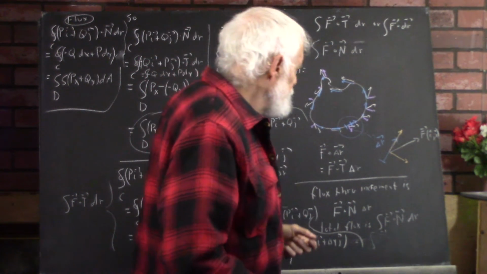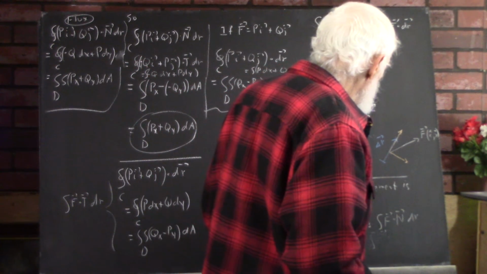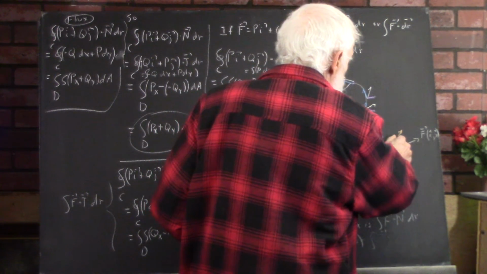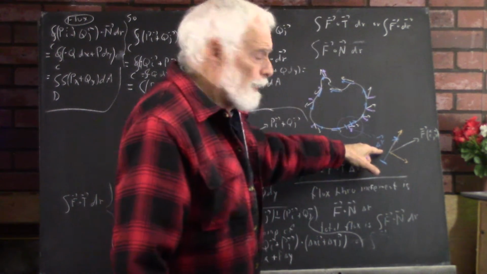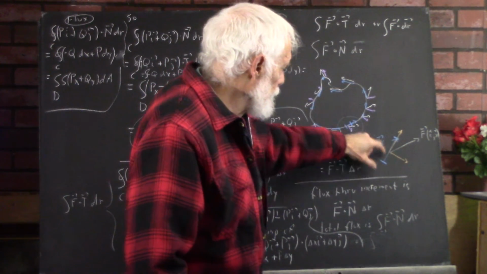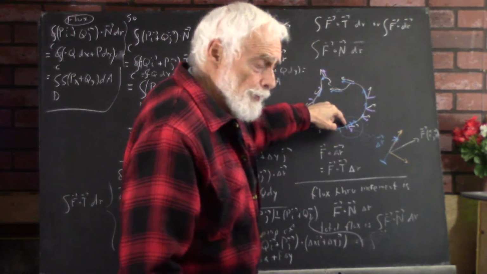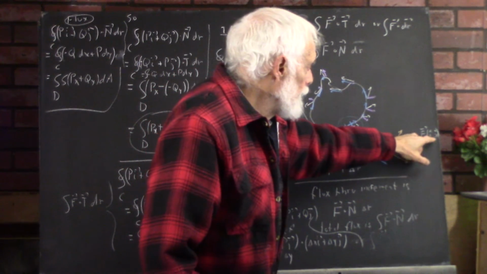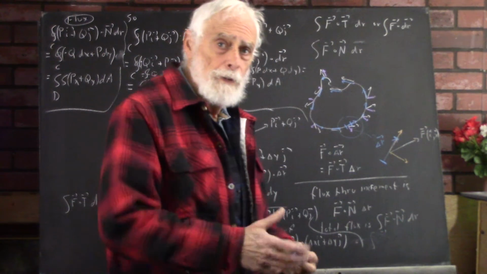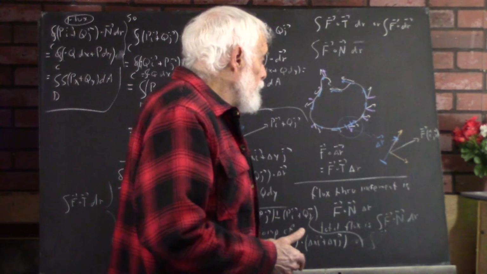So if you have your increment delta r here, I put a little circle around this and an arrow down here to indicate this is an enlarged picture of this. Here's your f of x star y star, or xi star yi star if you have everything partitioned.